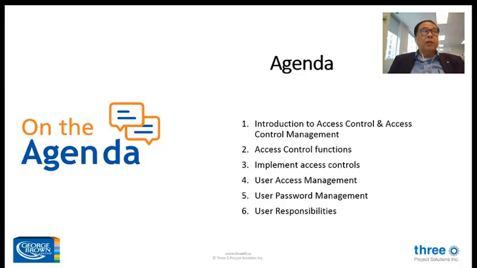But it's not just an IT activity, it's also a business activity, because IT only implements what the business allows or authorizes, right? So we'll talk about the relationship between the business and the technology in terms of user access management. And then, of course, we want to talk about user password management as a key piece. And then last but not least is the user responsibility.